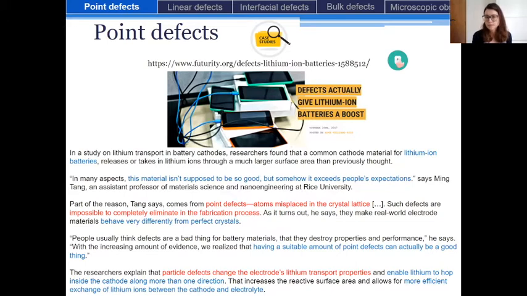is the point defects. So first of all, let's consider this case study that focuses on lithium-ion batteries.